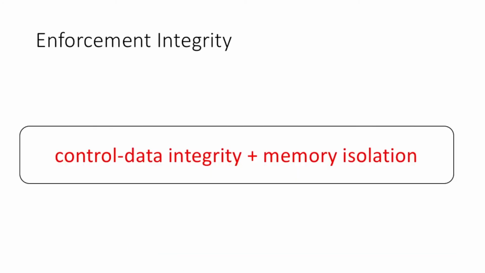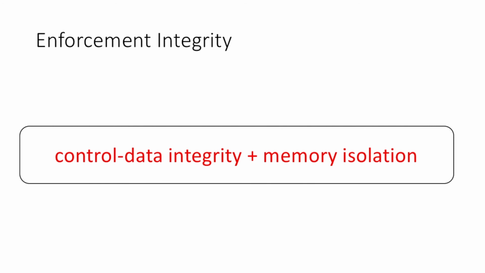To protect the permission enforcement under the strong adversary, we combine control data integrity with memory isolation to protect the permission enforcement. Control data integrity prevents attackers from exploiting unintended instructions to bypass the bound checks. Its idea is to ensure the integrity of the return address and the function pointers.